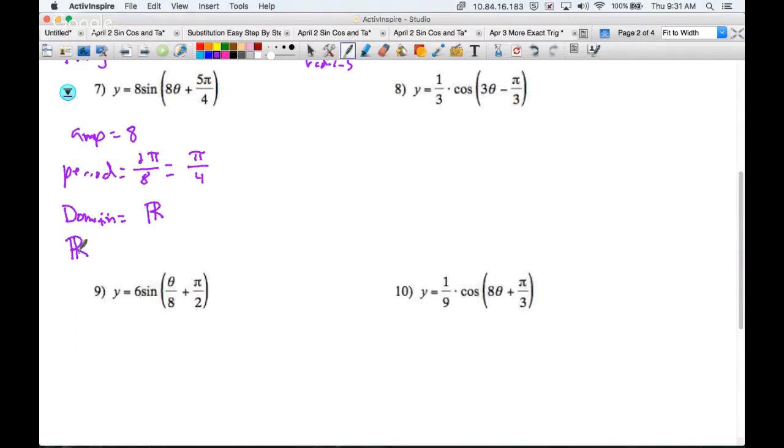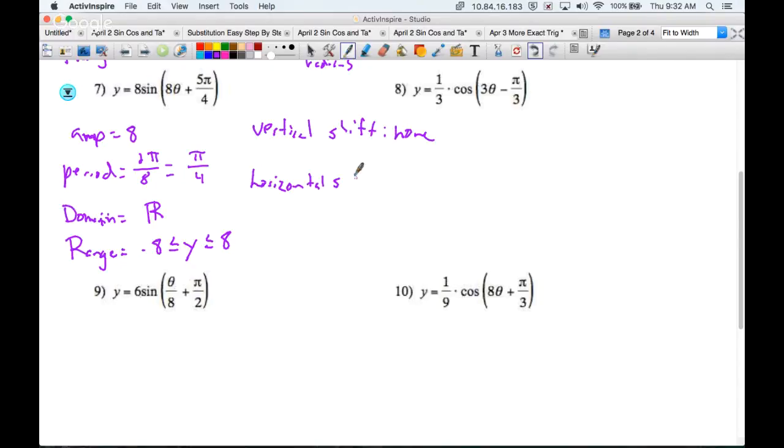The range, double stroke R, the range is from -8 up to 8 because of that amplitude. Vertical shift, none.